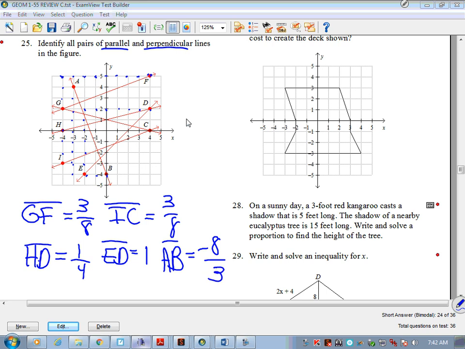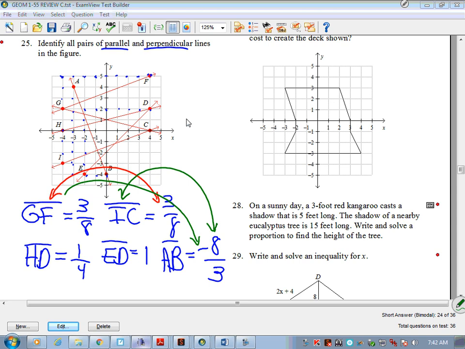It's going down 8 over 1, 2, 3. Okay. All right, so my 2 lines that are parallel are my lines that have the same slope, so I should say that GF and IC are parallel. And my opposite reciprocal is GF and AB, they're opposite reciprocals, so GF is perpendicular to AB. And because IC and GF are parallel, they're both going to be perpendicular to the same line.